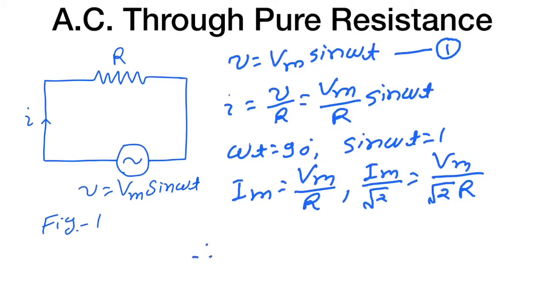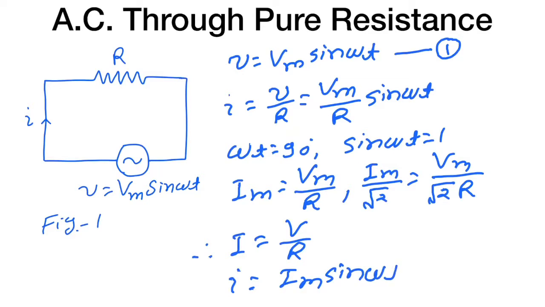Therefore the RMS value of current is given by I equals V divided by R, where I is the RMS value of current and V is the RMS value of voltage. Now put the value of Vm divided by R equals Im in this equation, and we get I equals Im sin omega t. Let this be equation number 2.